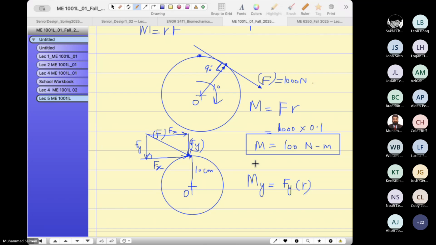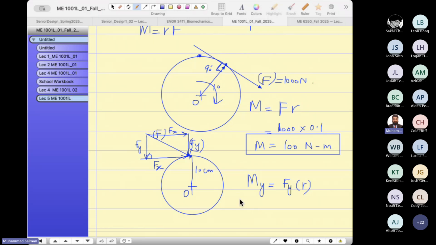Please type in r for Fy. What is the moment arm? Jeremy says 0.1 meters.